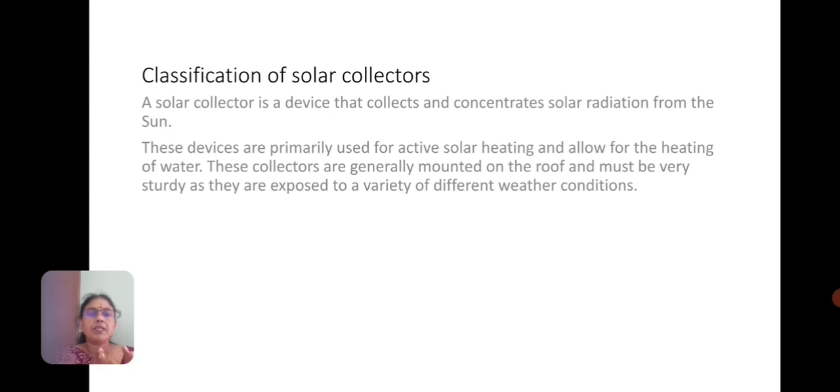Solar collectors should be arranged to receive maximum sun radiation. Keeping all those things in mind, we design the collector based on how the radiation is absorbed.